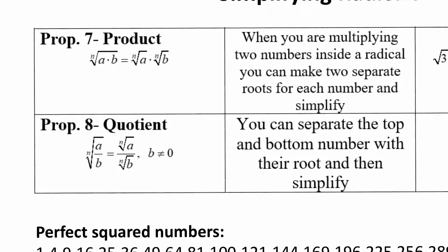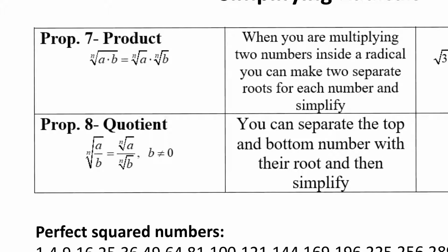The quotient property says you can separate the numerator and the denominator and make a radical for each one of them. Notice that here I have one radical and a fraction inside, a over b. So I can separate the top and the bottom, and I can use a radical for each side, the numerator and the denominator.